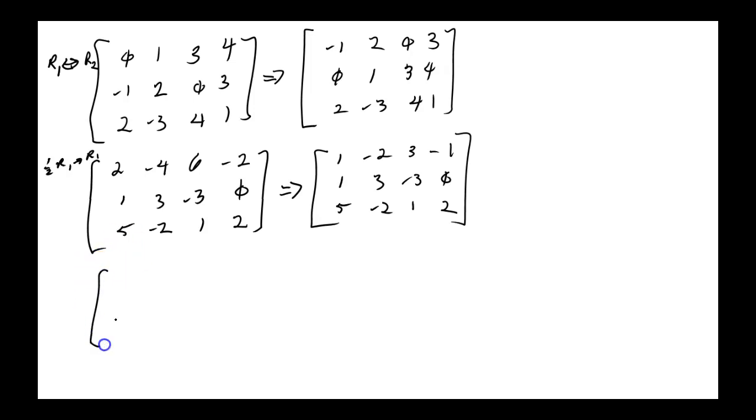here's another matrix. 1, 2, minus 4, 3, 0, 3, negative 2, negative 1, and 2, 1, 5, negative 2. Okay.